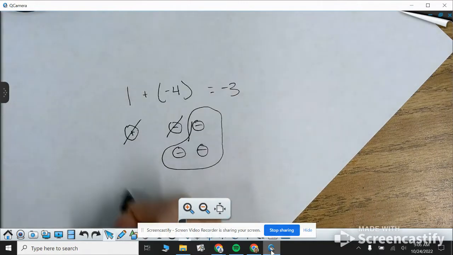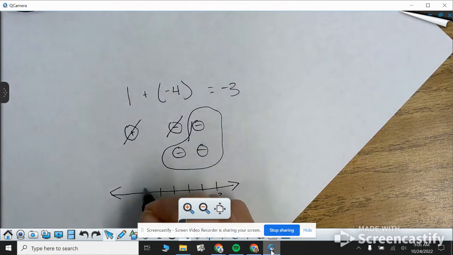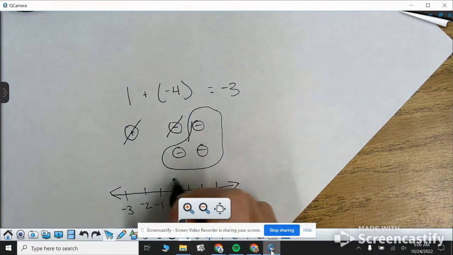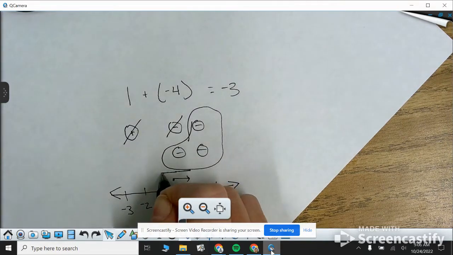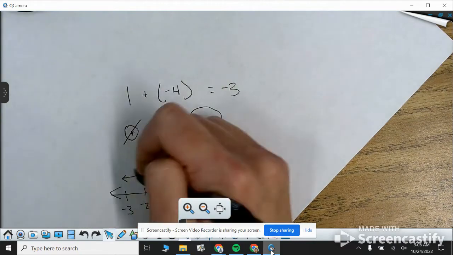If I did it on a number line, start at 0, I go up to 1, and then I go back 1, 2, 3, 4, and I end on negative 3.